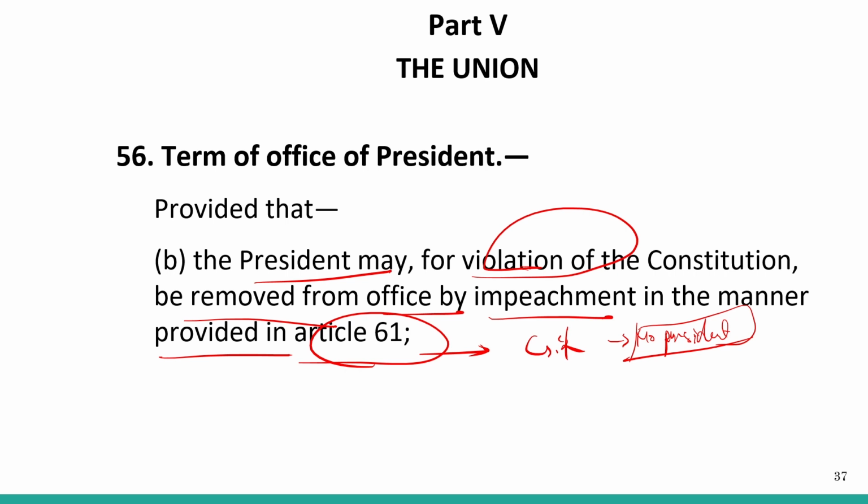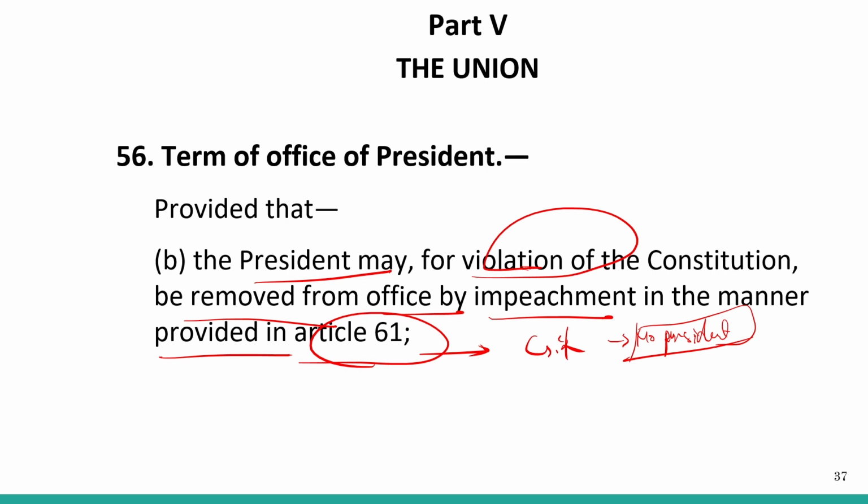And once he has given this letter to the Vice President of India, the Vice President will take it into consideration, and it is not something where the President can be stopped from doing. The President can resign on his own without any questions asked. A question that is often asked of me is: sir, if the president wants to resign, is it compulsory for him to take the permission of the cabinet ministers?